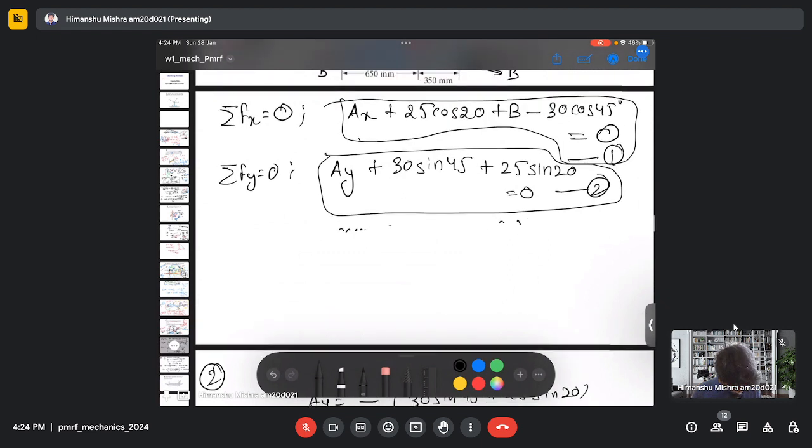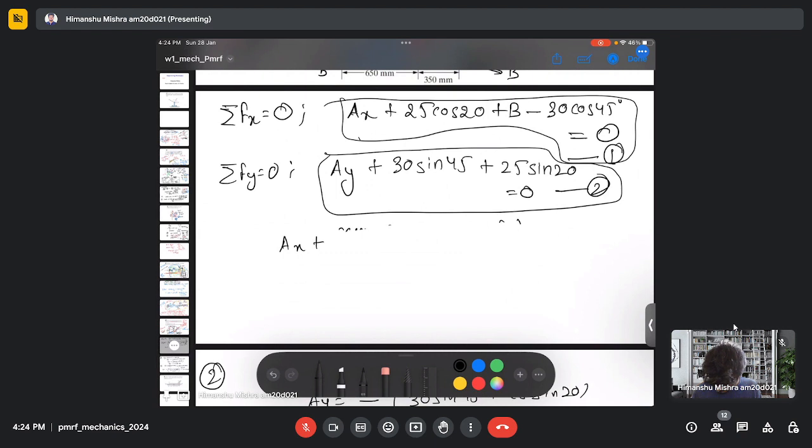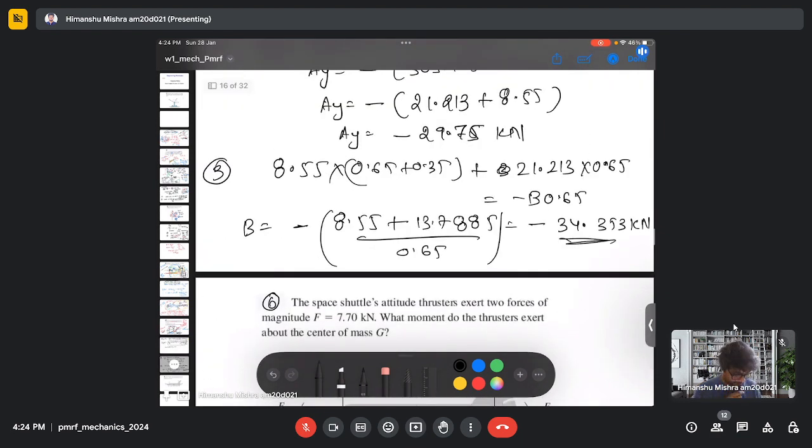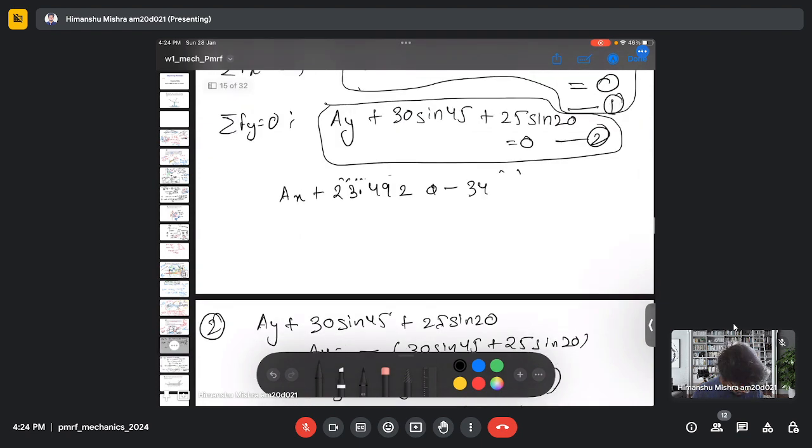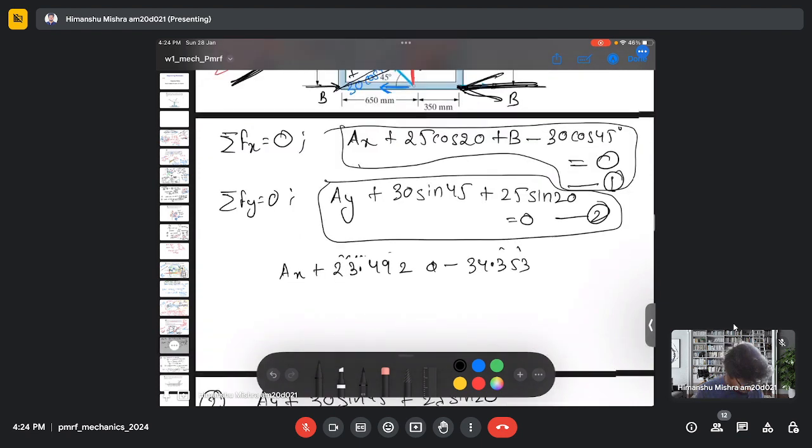So it will be AX plus 23.492, and this is minus 34.353 minus 21.213 equal to 0.